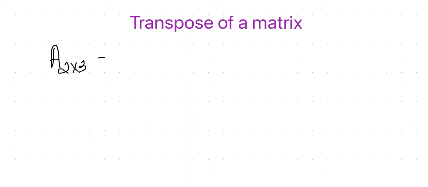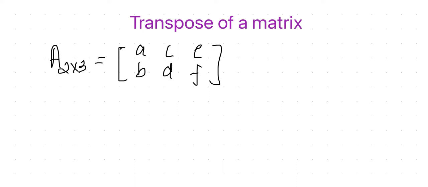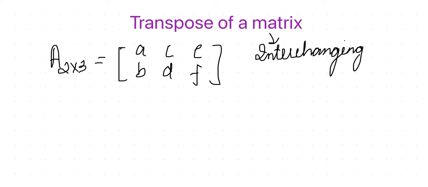So I am writing it like this: A, B, C, D, E and F. So the transpose means you are interchanging rows and columns.